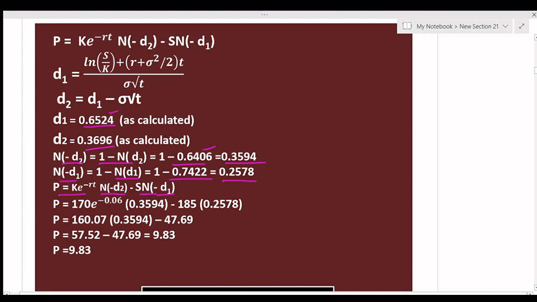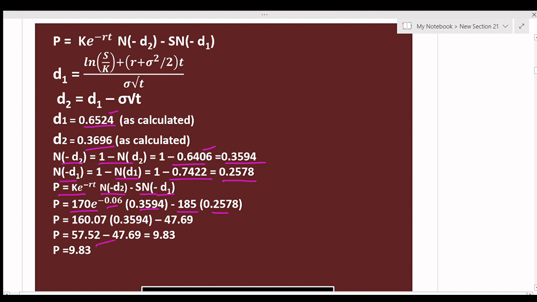Put the value: 170 into e to the power minus 0.06 into 0.3594, minus 185 into 0.2578. Calculating, that is 9.83.